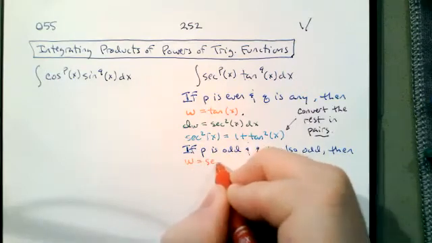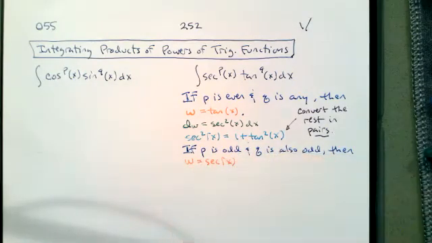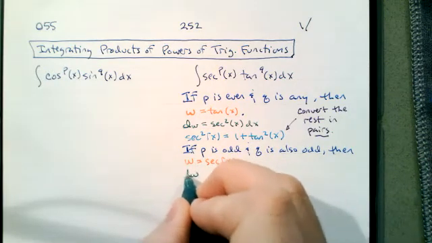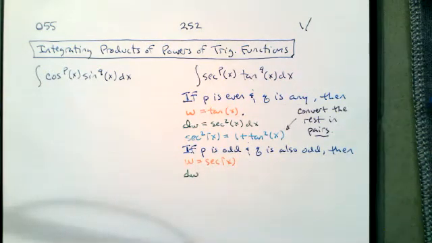Let's talk our way through this and convince ourselves that this is true, and then grab an example and run through it. So the claim is if P is odd and Q is also odd, then we can make the substitution secant x.